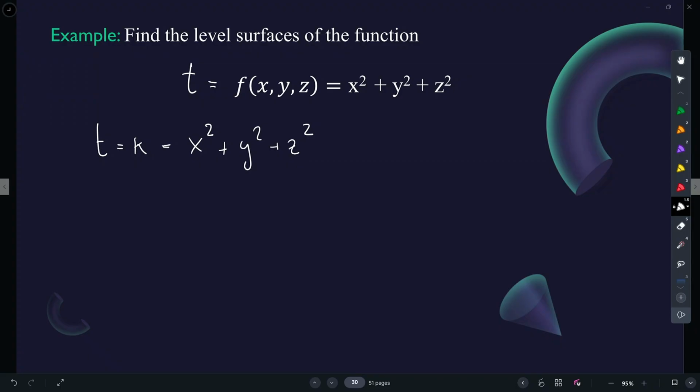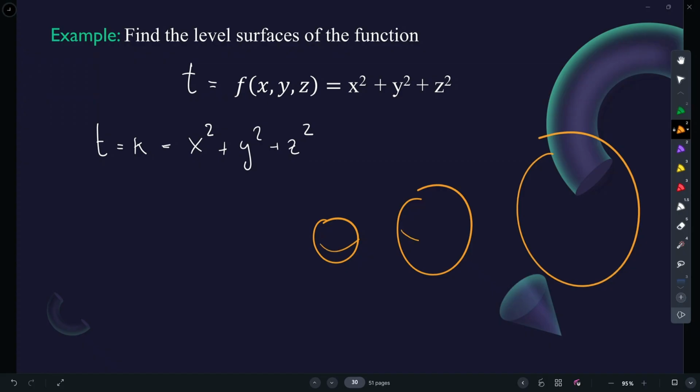So what's happening here is that the level surfaces are spheres of different radius. So for example, t equals 0 is just a point, t equals 1 is of radius 1, t equals 4, t equals 9, just spheres of different radii. So the level curves are level surfaces.